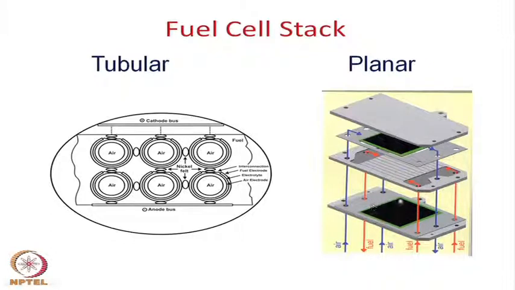This particular single cell is fixed, in this case, on a steel plate, grooved properly, so it is exposed on both sides. This is the cathode side and the bottom side is the anode side. The dimensions have to match exactly, and there should not be any leakage of the fuel or the air, and therefore, this has to be sealed with some glass seals.